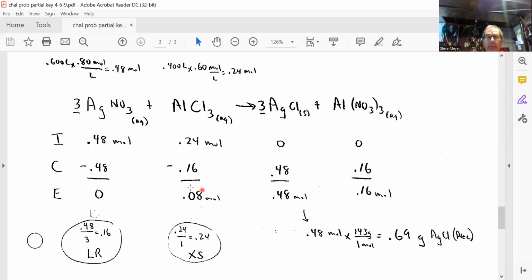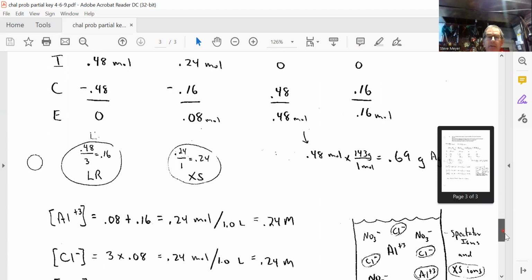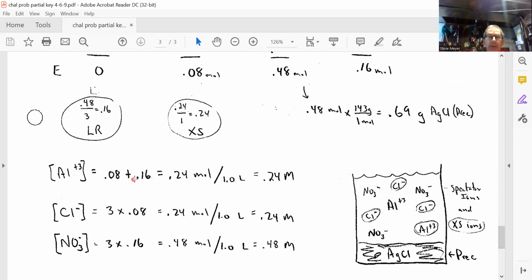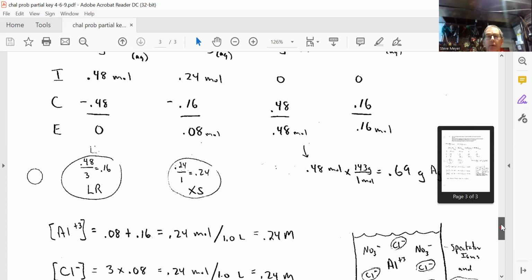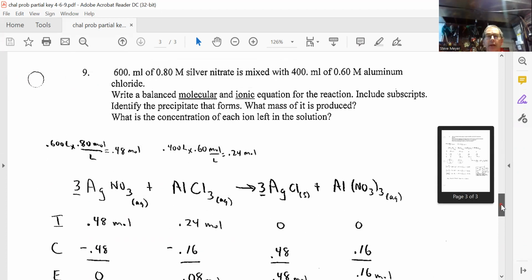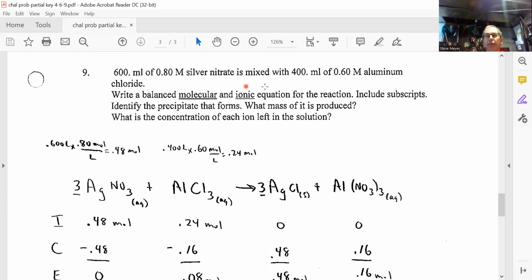Notice I have 0.08 moles here. And what? It's in a 1-to-1 ratio. So it's 0.08 moles here and it's 0.16 moles here. So what do I do? I add 0.08 plus 0.16. I get 0.24. Now I have to divide this by the total number of liters in solution. And by coincidence, in this case, what did I have? 600 and 400, and that adds up to be 1,000 milliliters, which is 1 liter.